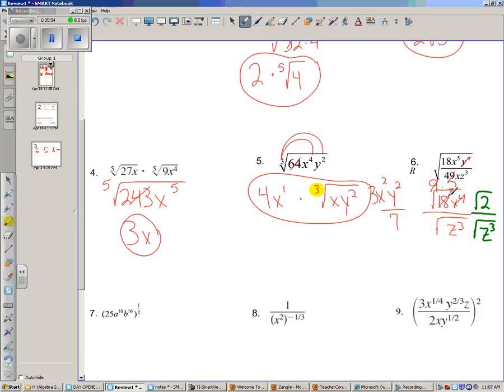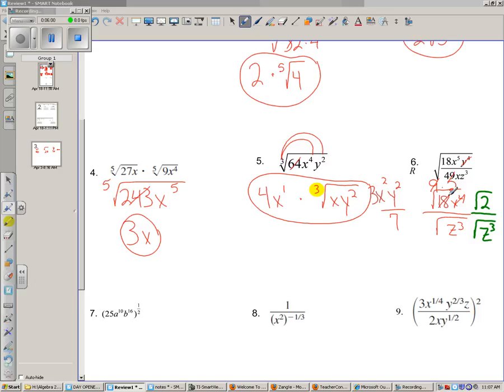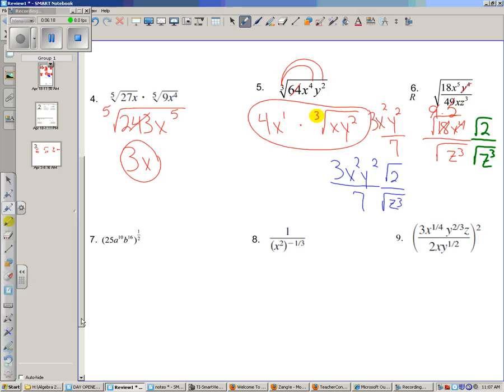At this point, I'm going to rewrite what I have on the outside. So I have 3x squared, y squared, 7. And still in a square root, I have the square root of 2 and the square root of z cubed. I'm going to work to rationalize this z cubed. Remember, in this exponent spot, that's like having a 2 there.